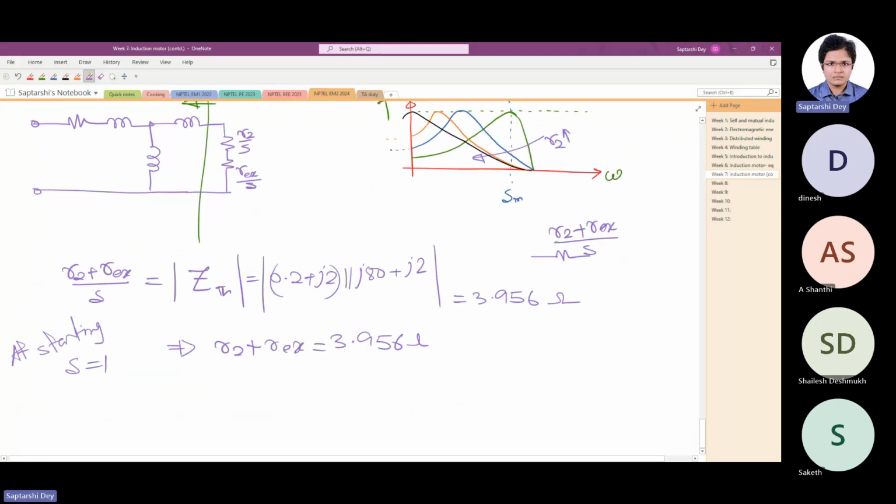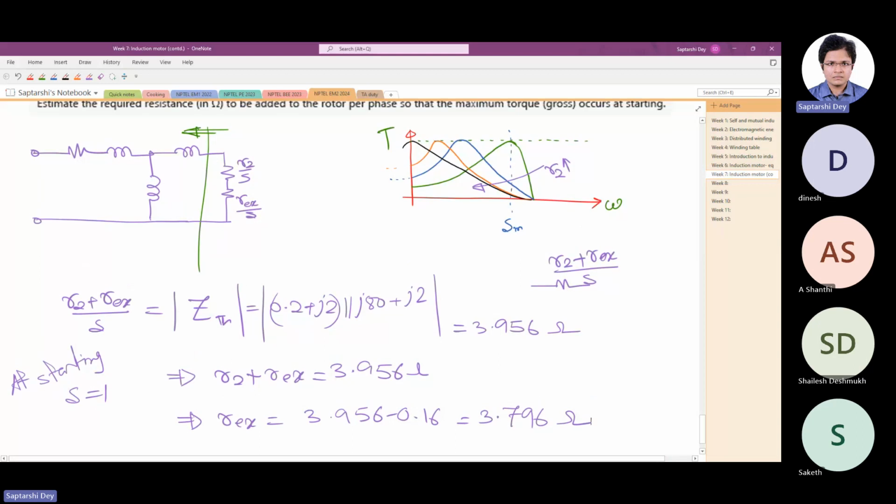So see, 3.956 minus 0.16 is 3.796. So if we do this, we get this black characteristic, so that the maximum torque occurs at the starting itself.